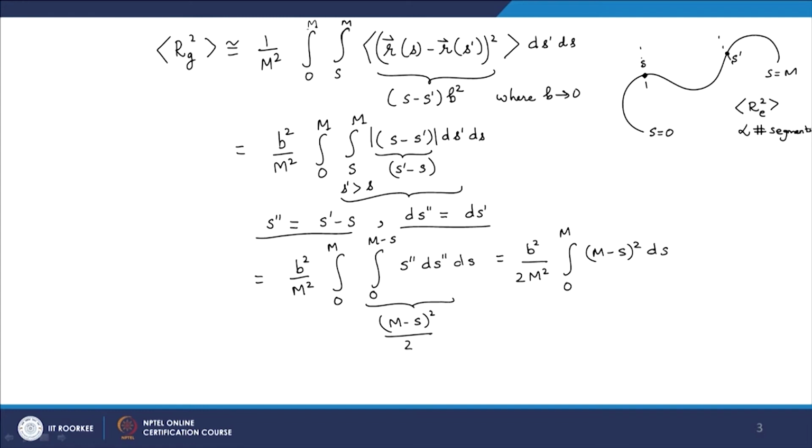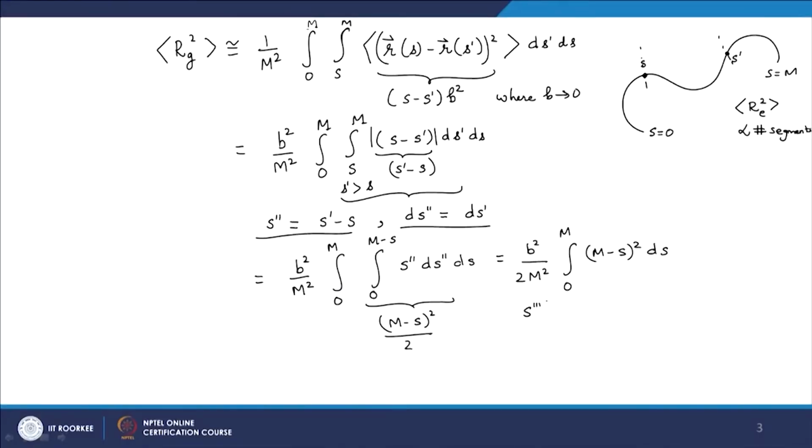So, I can apply the same idea again. I can think of a new dummy variable, that is let us say s triple prime, and let us say that is m minus s. So, now we will have ds triple prime is equal to minus of ds. So, now I will have my integration as, so now that it is m minus s.